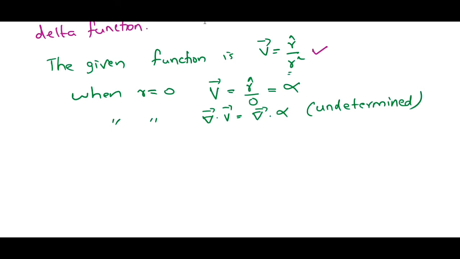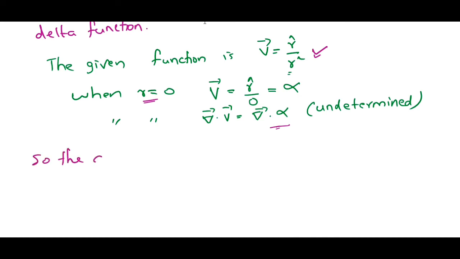Here the divergence is not a zero value. There is a non-zero divergence only when r is equal to 0. When r is equal to 0, this vector function v has a non-zero divergence. For all other points except r equal to 0, the divergence is 0.